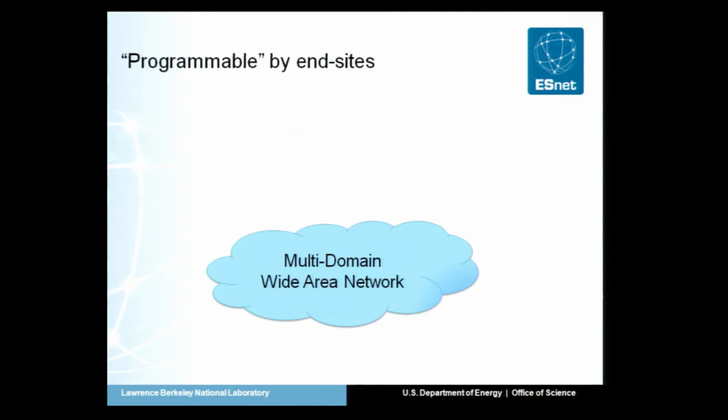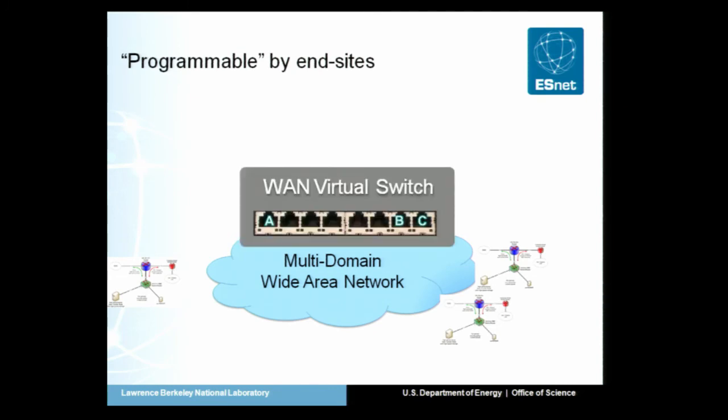So what do we mean by programmable by end sites? If you take a multi-domain wide area network, and we as a community know how to do multi-domain really well, and you connect 3 sites together into this multi-domain network, you create this virtual abstraction of a WAN virtual switch, one switch that connects these 3 sites together.